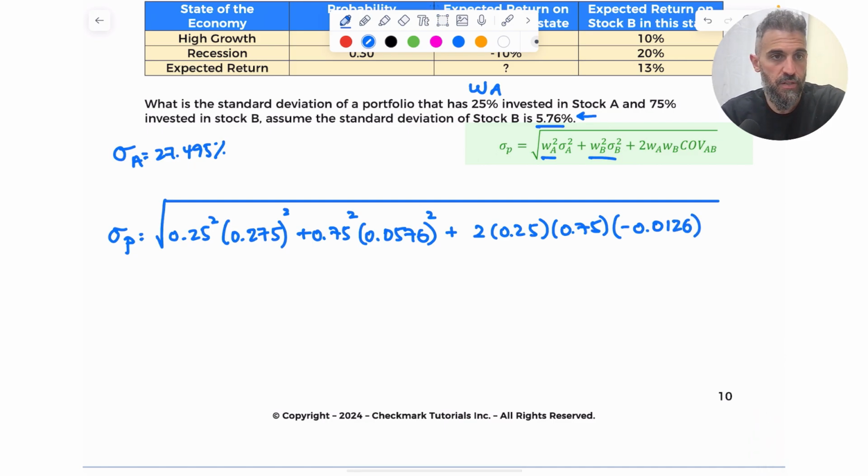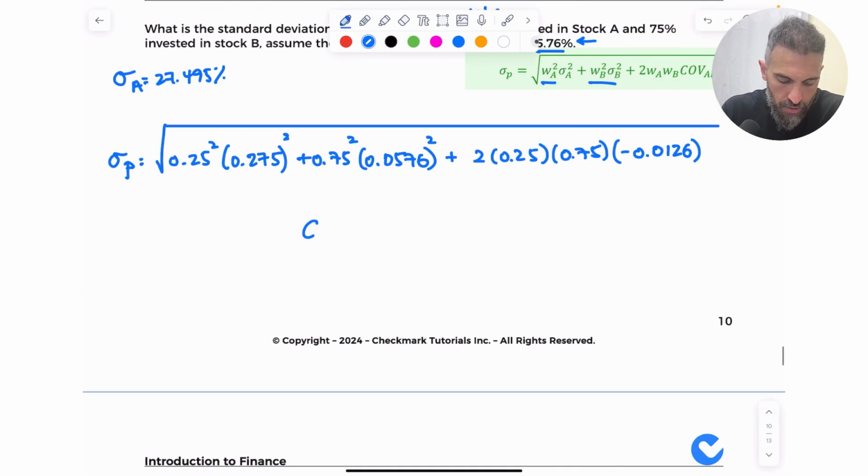Okay, so let's punch this in. I get a total risk of 0.0432, which is 4.32%.